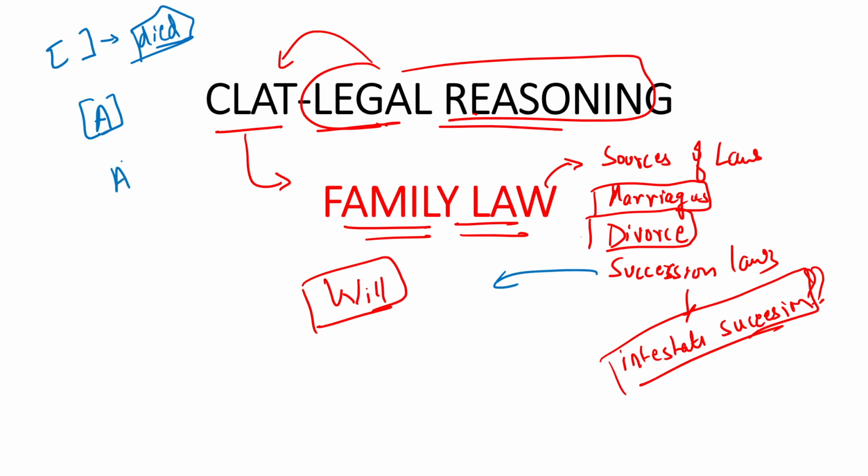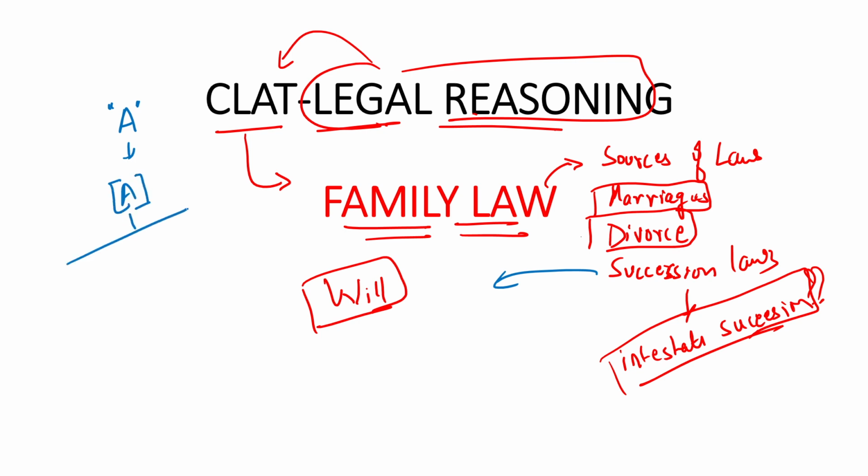If it is like this, the person is still alive. This is for your better understanding of how we are going to approach things. Assume that there is a person A. He is still alive now, but after a certain period of time he dies.